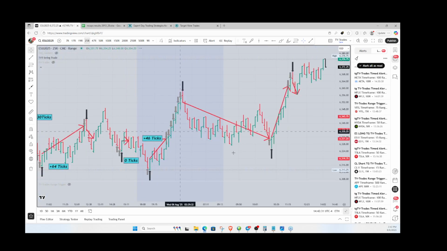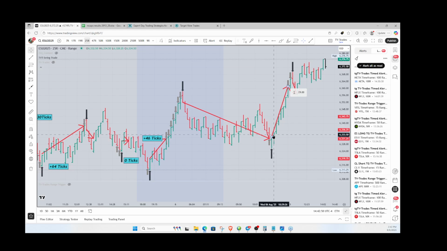If you knock it down to a 25 range, then you usually get a couple a day. And the 25 range stop isn't that big. With the 25 range bar, what would my stop be?